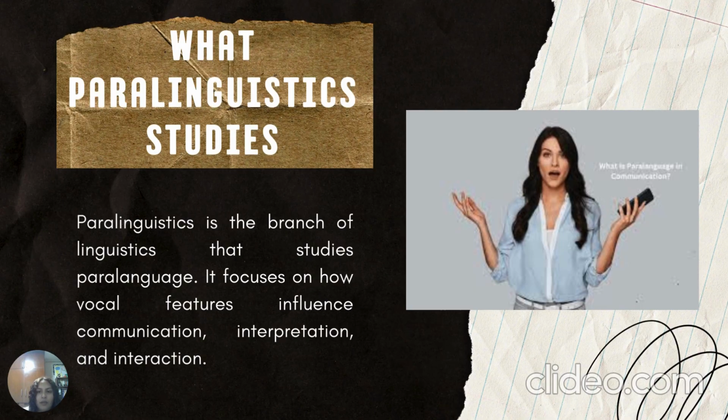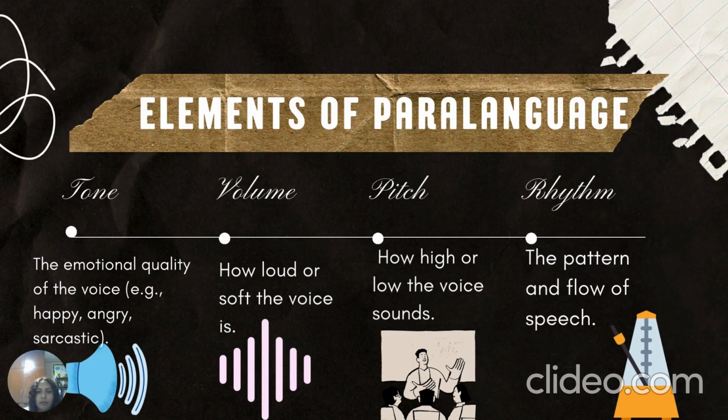Paralinguistics has some elements. First, we have the tone, which reflects the emotional quality of the voice. Also, we have the volume, which tells us how strong the emotion is. The pitch refers to how high or low the voice sounds. The rhythm gives the speech its flow and pattern.